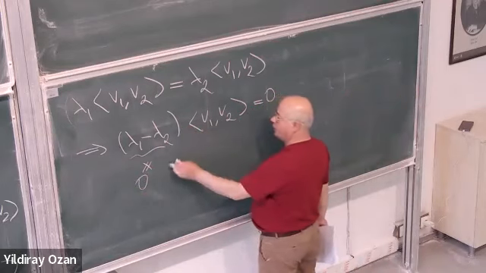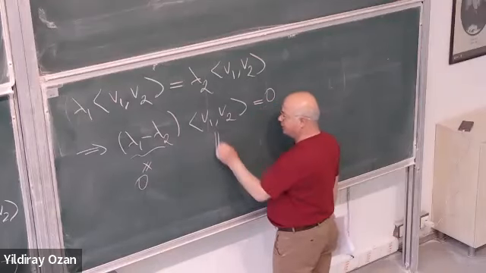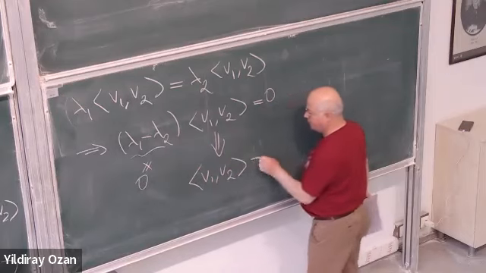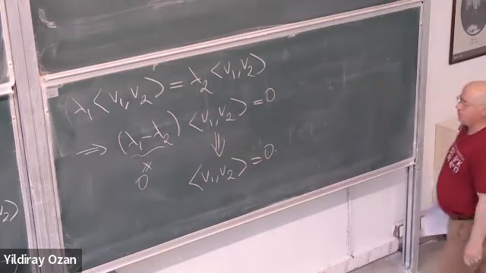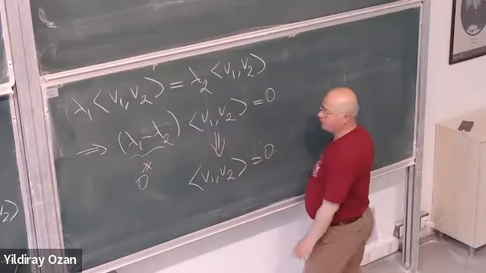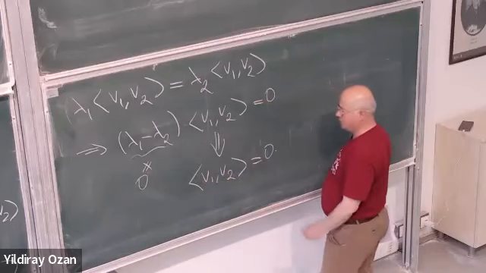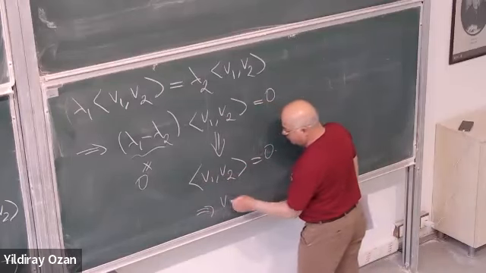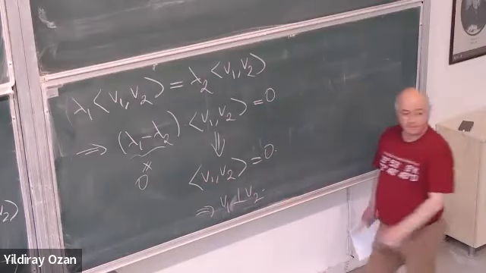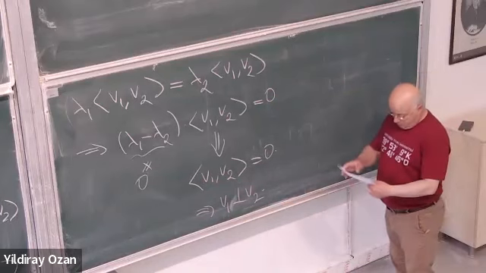The product of two elements is 0, and one of them is not 0, so the other one must be 0. So this means that V1 is perpendicular to V2. Okay.